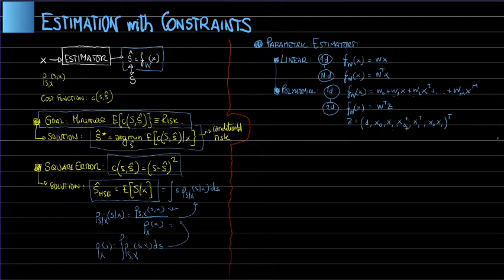We can increase the degree, adding more terms with higher degrees, and even we can consider polynomials for the multidimensional case using the same strategy. f_W(x) could be W transpose Z, and Z could be a vector containing all monomials that we could need: x0 square, xn square, and so on. Okay, and these are just examples.